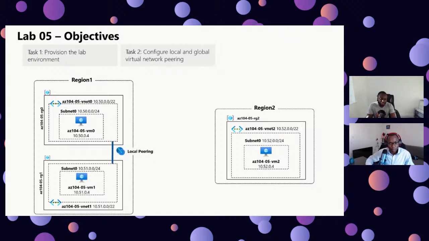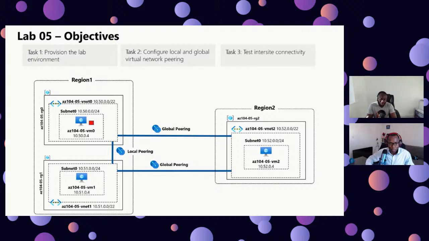Once you've done that, you set up virtual network peering, a global one and also a local one, to demo that sort of peering. Then after, you can test it using just a simple ping or checking for a specific port on those services. I encourage you to do it because definitely this will drive the message home.